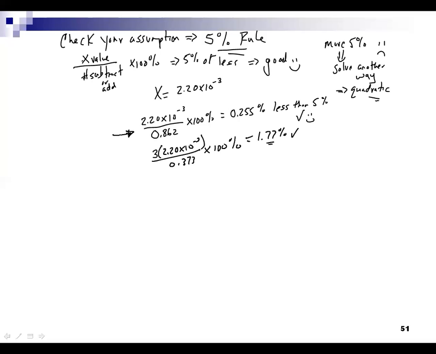So to answer your question, you could do the assumption and solve the problem. You can also solve it mathematically through, say, the quadratic. They both should pretty much give you the same answer, and the reason is the x value is really small.